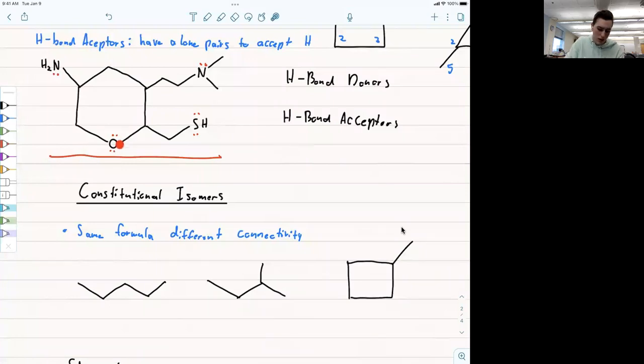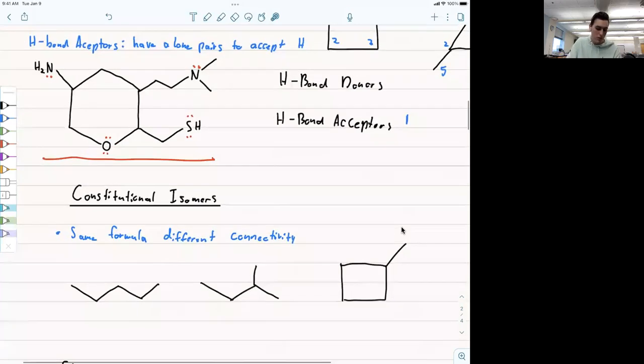So this ether over here has lone pairs, and it can accept a hydrogen. So that'll be one acceptor for us. Then if I come around to this sulfur over here, this is also an acceptor because it has lone pairs that it can use to accept more hydrogens. So that'll be a second one.